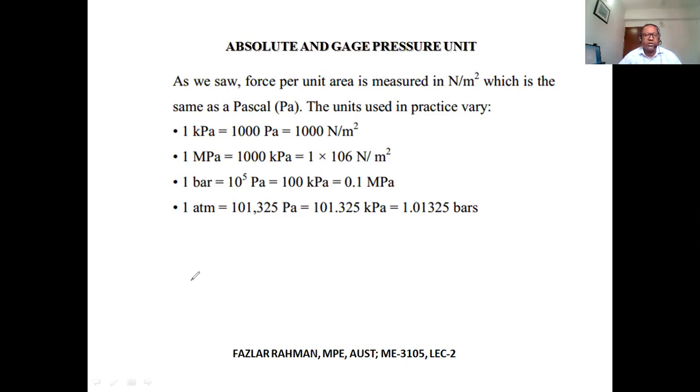For example, the density of air, then the density of water, and their viscosity. You need to remember that data. Then what is the atmospheric pressure? ATM, that one you need to know.